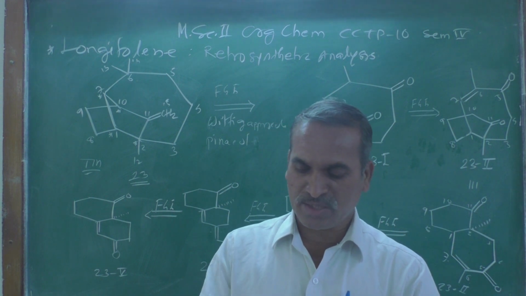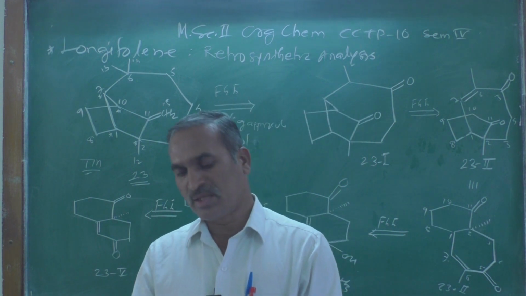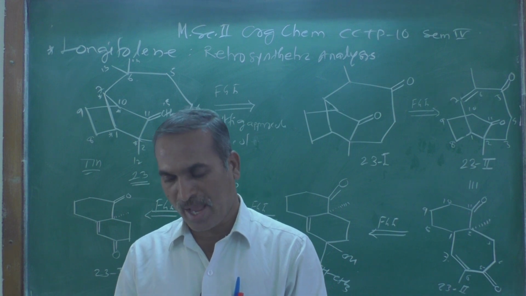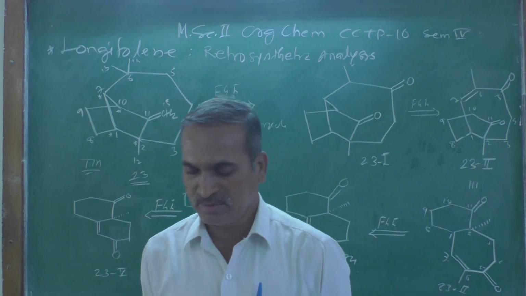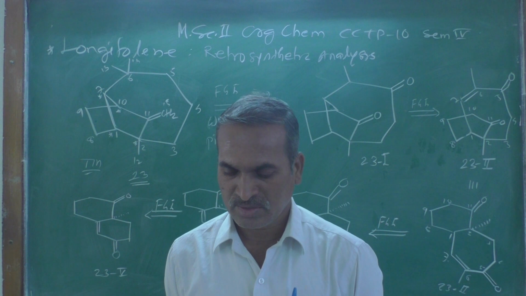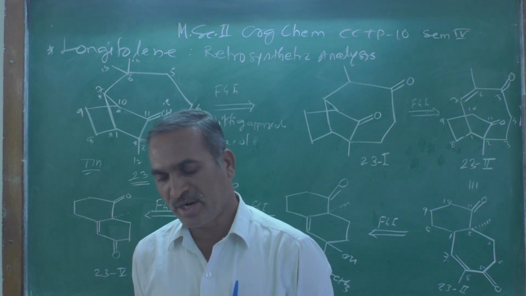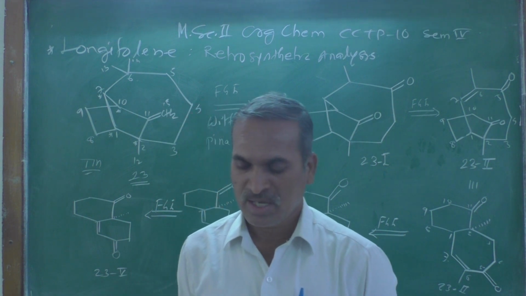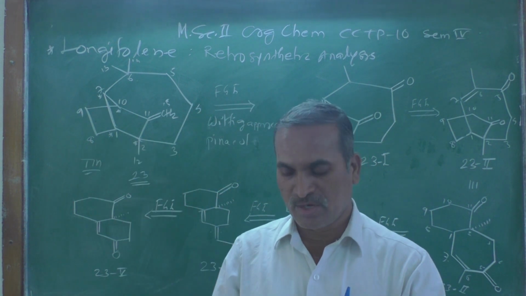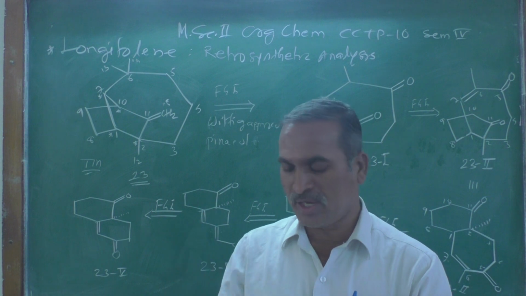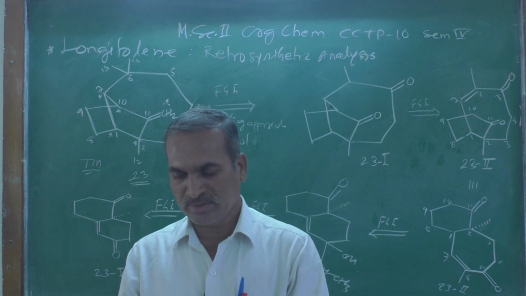The other transformations in the retrosynthetic plan, 23rd third to 23rd fourth to 23rd fifth, are straightforward. There is no confusion.